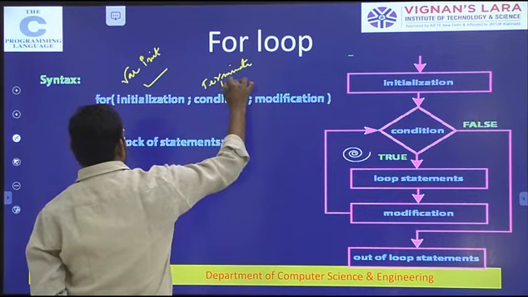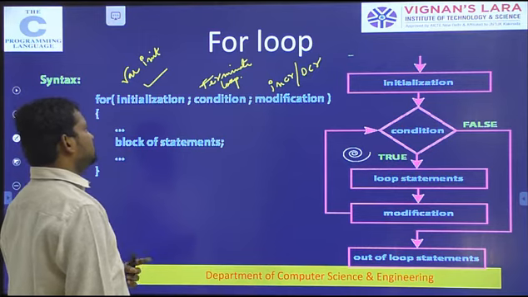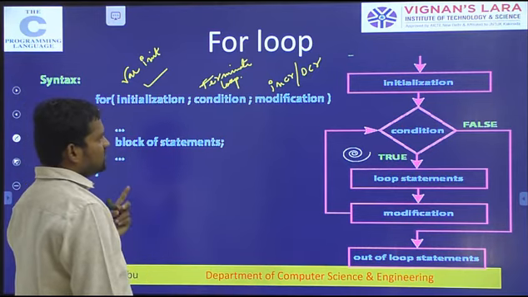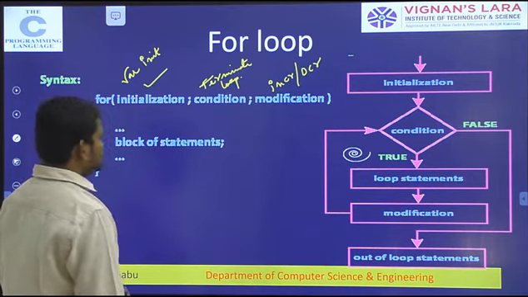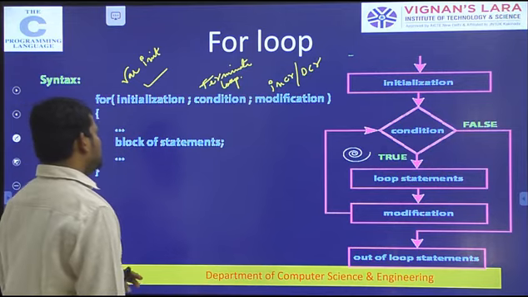Modification means the increment or the decrement. Modification is done with incrementing or decrementing. This is the for loop structure: initialization, condition, modification, that is increment or decrement, and the block of code.